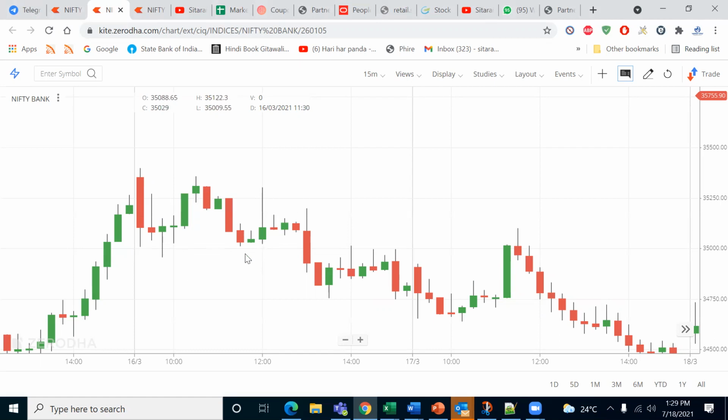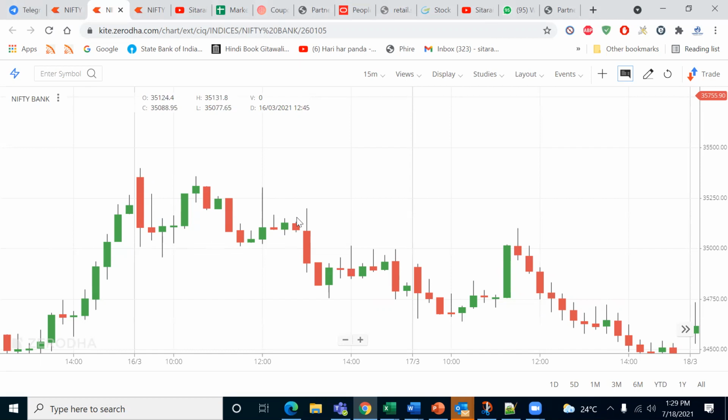Now the strategy re-entered again. If you see, after re-entry also, the market has given a very good spike. From 35,009, it made a high of 35,302, again 300 points up. So with a 300 point rise, our call stop loss would have been hit in the second entry.